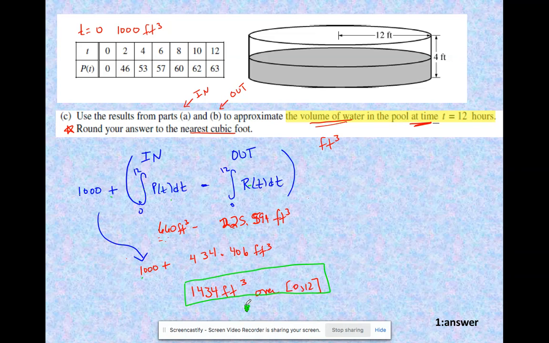So there's only 1 point available, and it is for the answer appropriately rounded with the units and with the time interval. And you could say at the 12th hour, because that's what they said, or you could say over, after 12 hours. However you say it, as long as you refer to the time interval. Remember, I told you that. Reminded you to do that. AP cares about that.